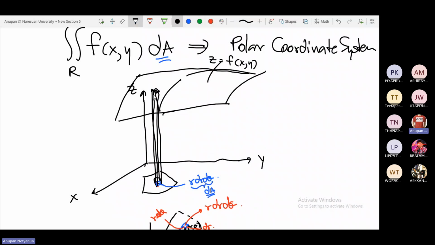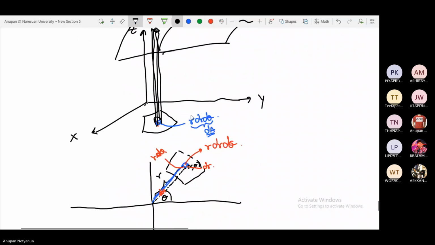Okay. If you do the integration with respect to r first, your theta is fixed, right? So I measure theta from the x-axis, and your theta is fixed. When theta is fixed, it intersects the region from this point to this point. Now you integrate with respect to r, so you have to sum this pole.